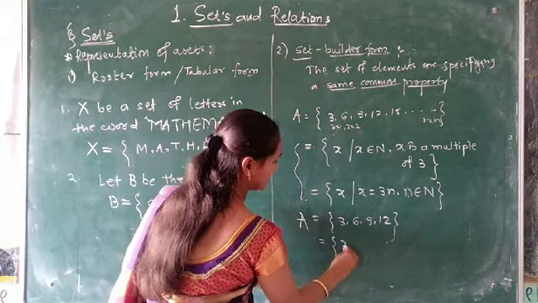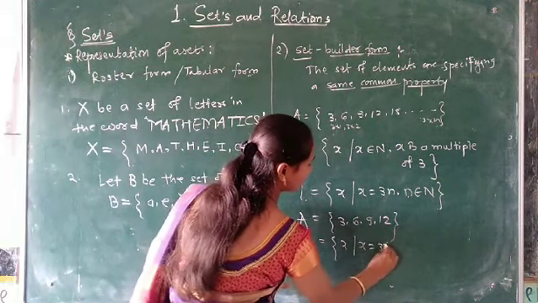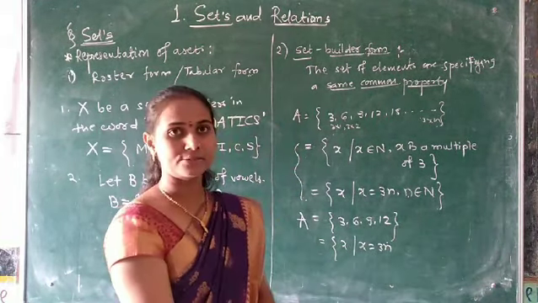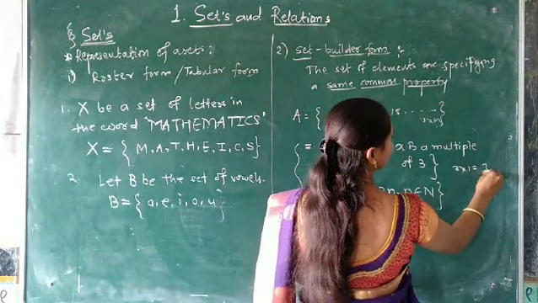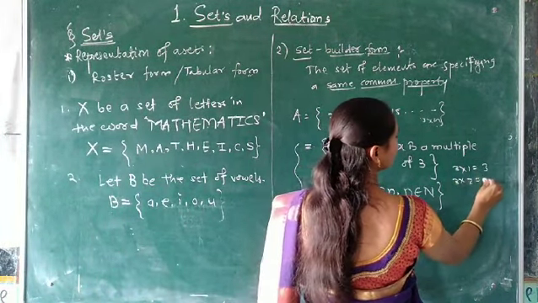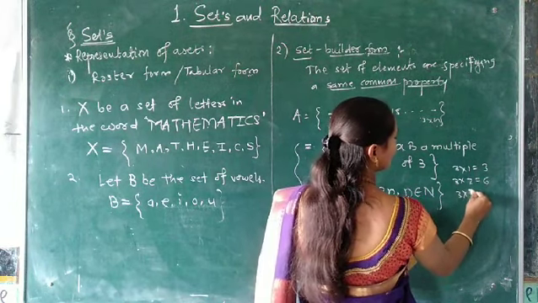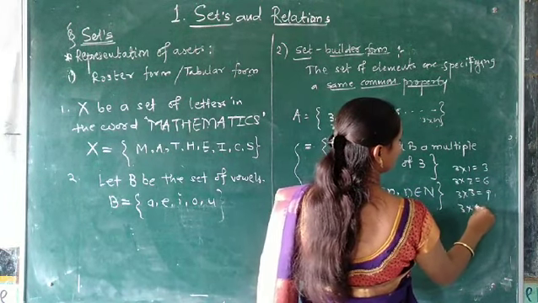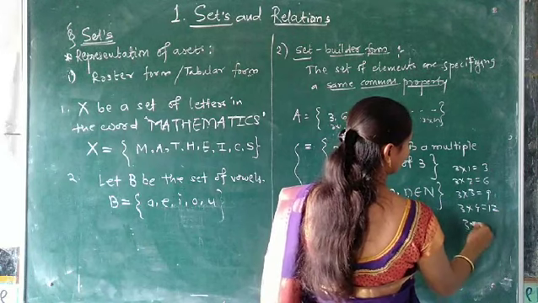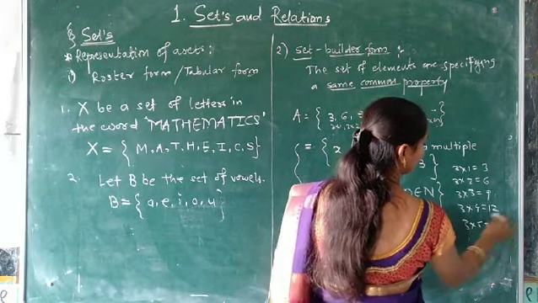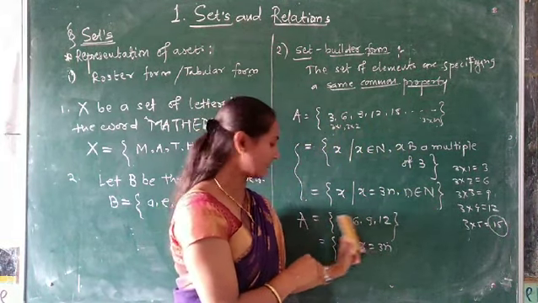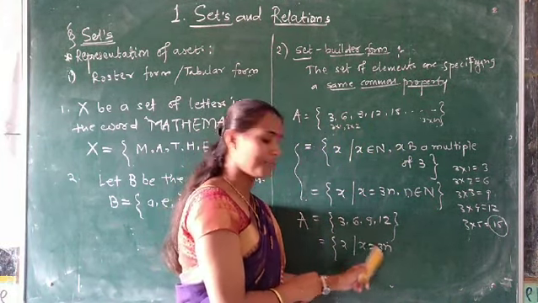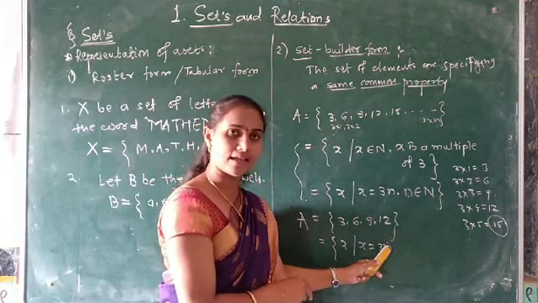So again here write X such that X is equal to 3n, but when we take 3 into 1 it is equal to 3, 3 into 2 is equal to 6, 3 into 3 is 9, 3 into 4 is 12. If we take 3 into 5 then we will get 15, but this 15 is not in the set A, so we have to apply some condition on this n.